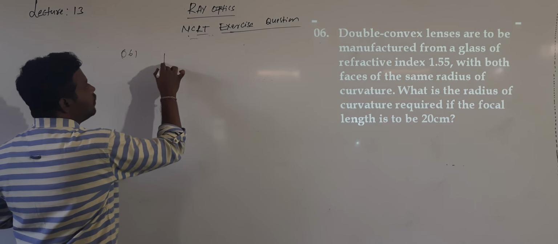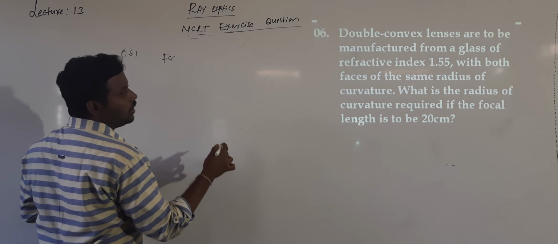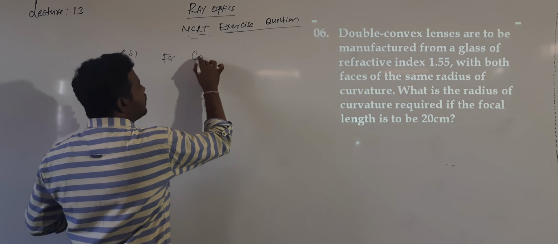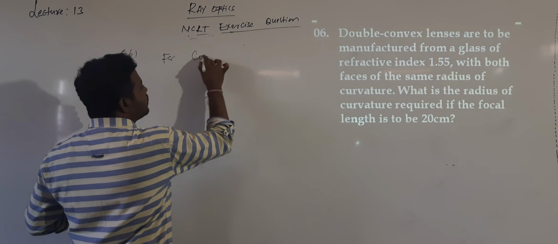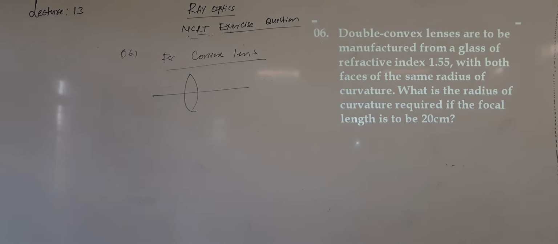This is for the convex lens. Generally for the convex lens, you know that 2 spherical surfaces are there. One is of R1 and the other is of R2.